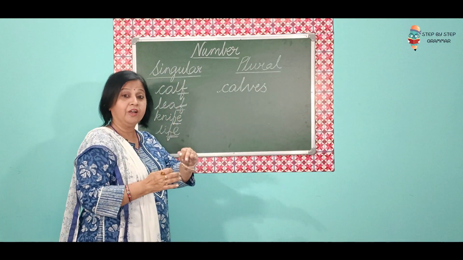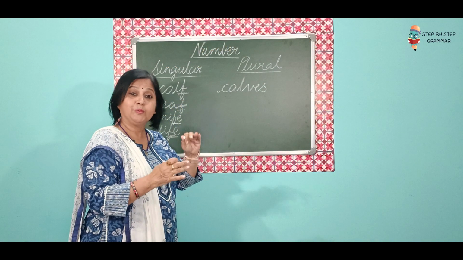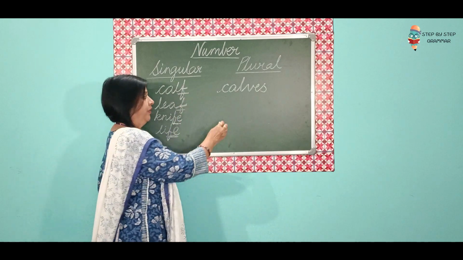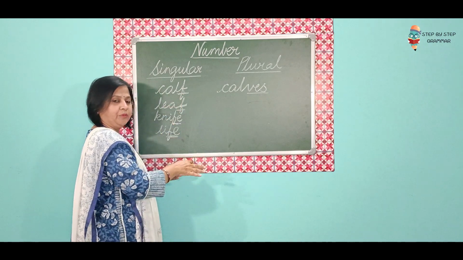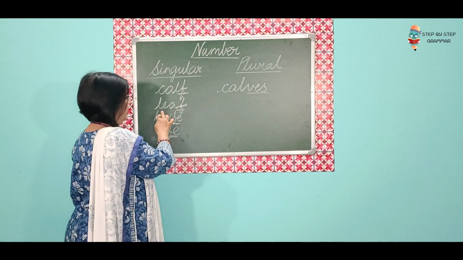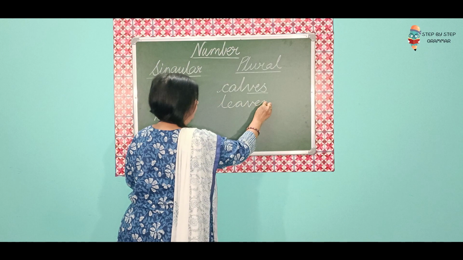Okay, the baby of a cow is called a calf. There are other animals also whose babies are called calf, but for now, calf, and then just add VES. F is dropped, or we do not write the F. Again, leaf, drop the F and add VES. So you have leaves.